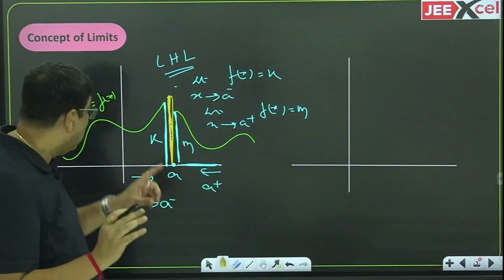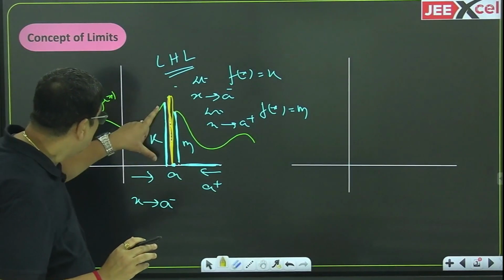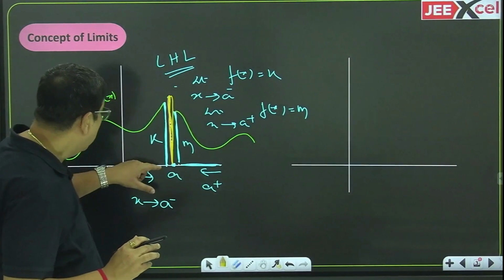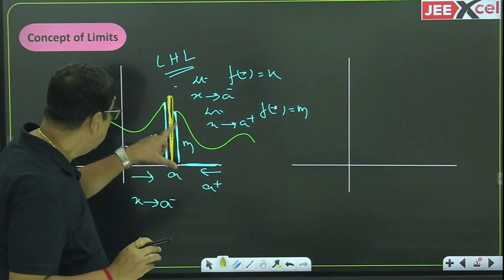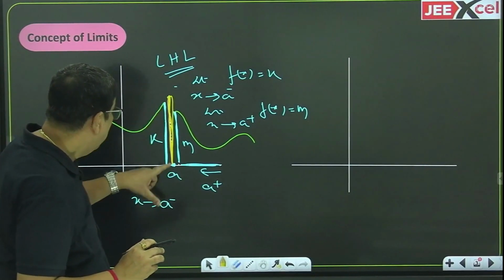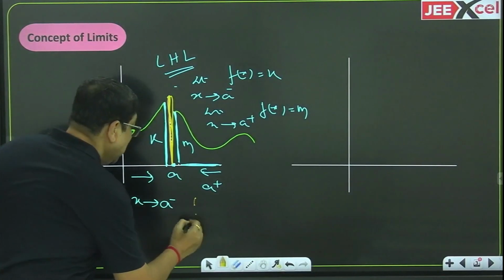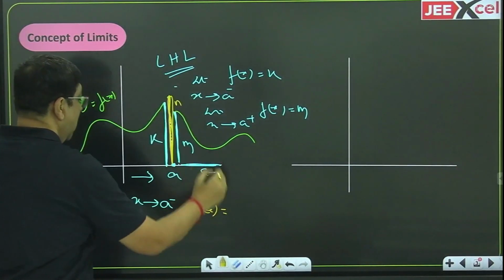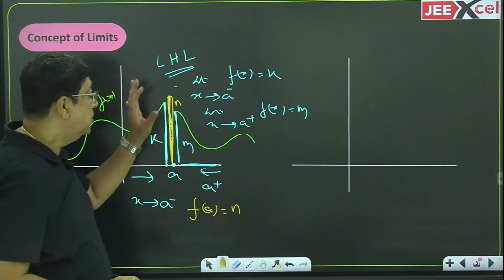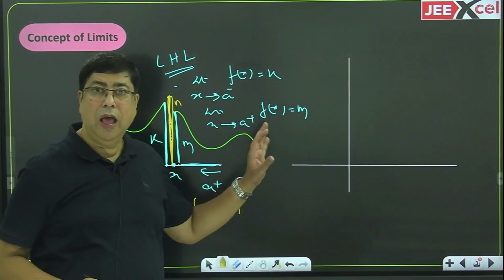So try to understand, this is the left hand limit, and the value means height, the value of the function means height. This is the left hand limit, this is the right hand limit, and this is the function at x equal to a. This is called f(a). Suppose f(a) equal to n. So this is the concept of left hand limit and right hand limit.